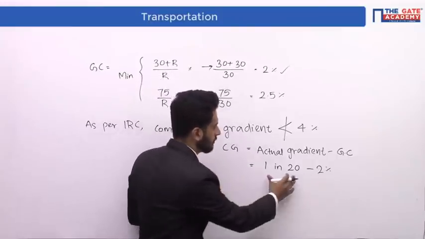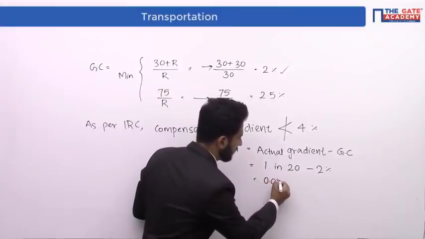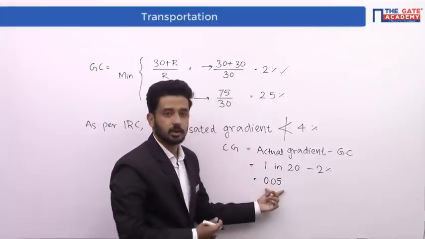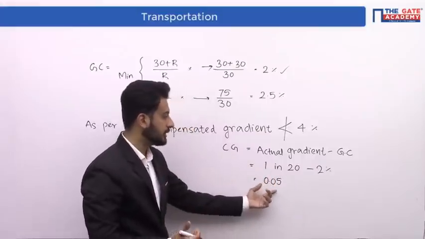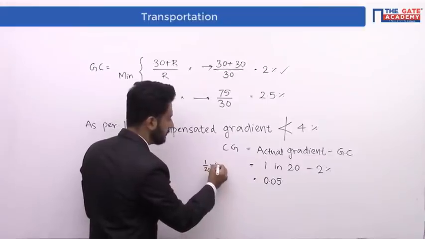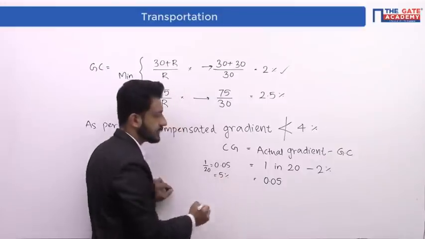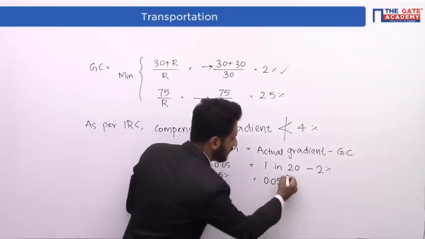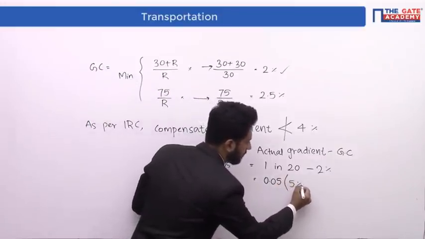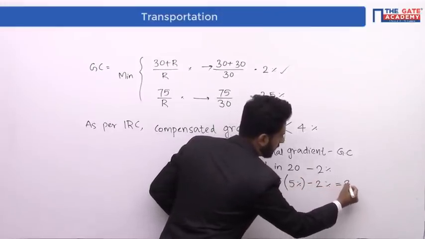So 1 in 20 I will get 0.05. What do you mean by 0.05? 1 in 20 is 1 by 20, correct? So I can write it as 5%. Okay? So it is nothing but 5% minus 2%. What I am getting?